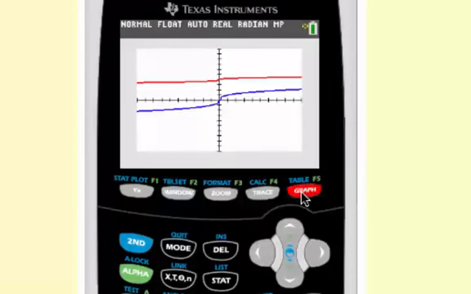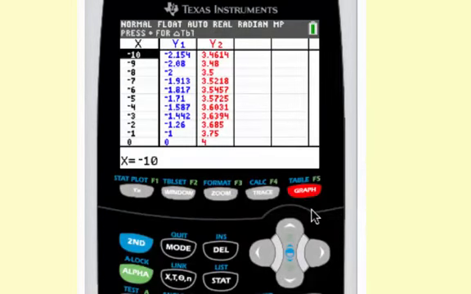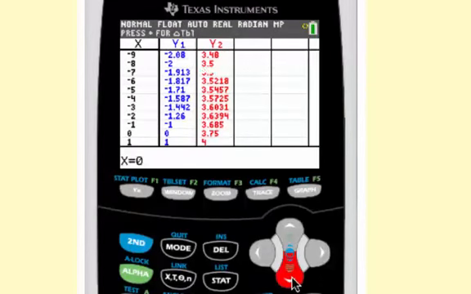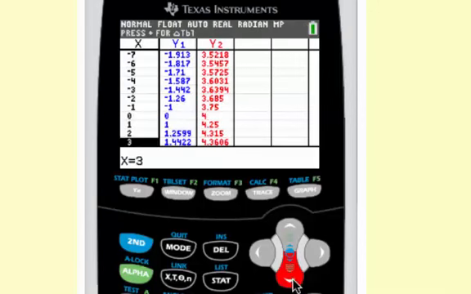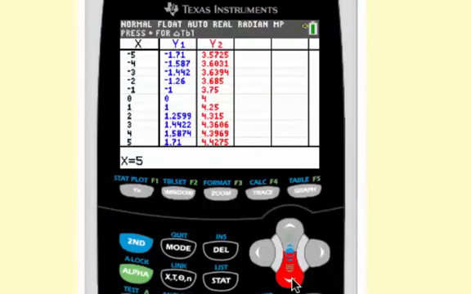Let's look at the table. Let's scroll down to 0 here. A little bit further.